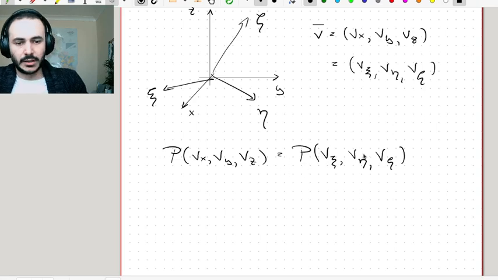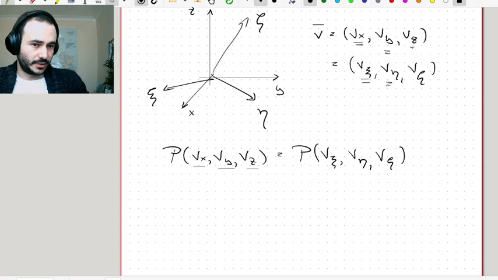So if these have to be the same for any choice of axes, it is clear that this probability cannot depend on the different components alone, but has to depend on the modulus of the vector. Even if the components change as you change the reference system, the size of the vector remains the same.